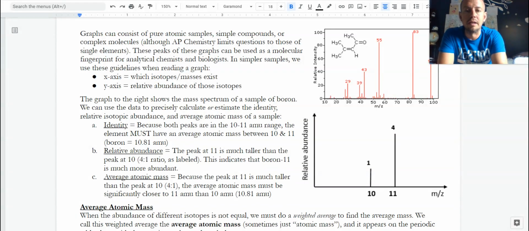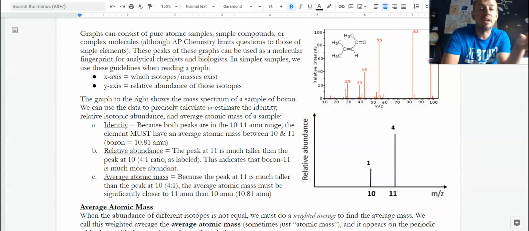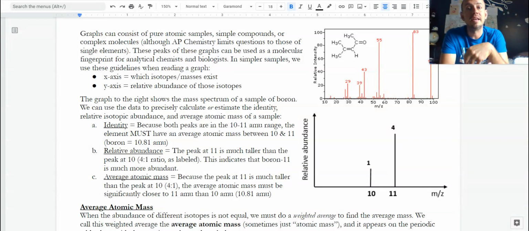The relative abundance here shows that the peak with the mass of 11 is way taller than the peak with the mass of 10. That means we have way more boron 11 than we do boron 10. Its abundance is greater. That would allow us to estimate or connect to our average atomic mass.